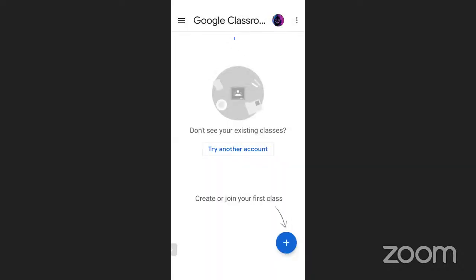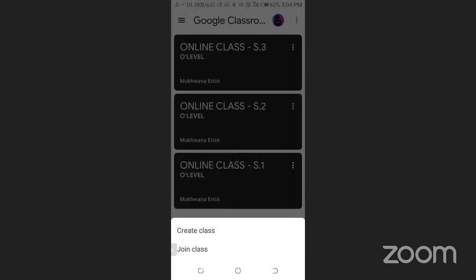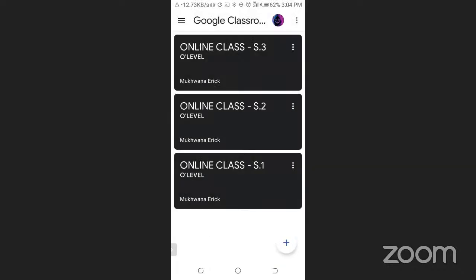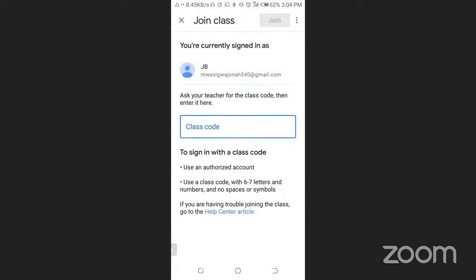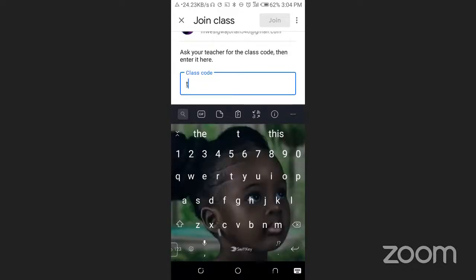Then tap on that plus button at the bottom right. You say join class, and you enter the class code on this kind of page. The code is TY PV 7N. So then you join.